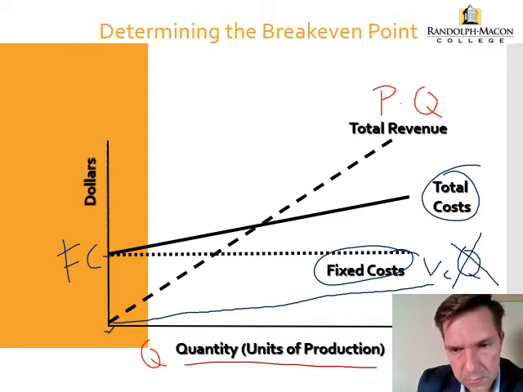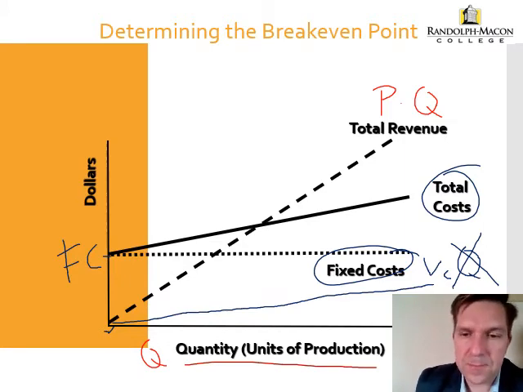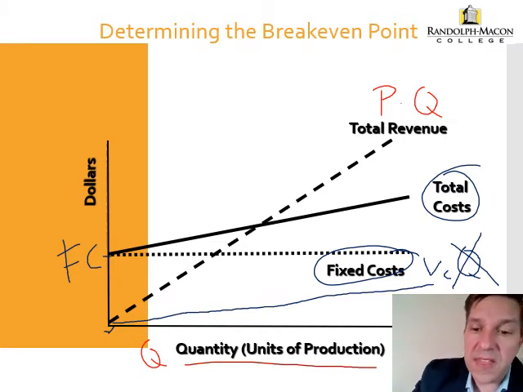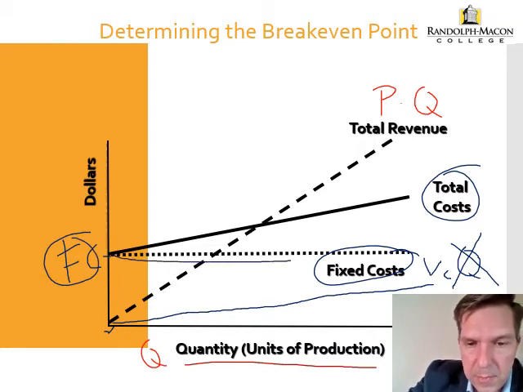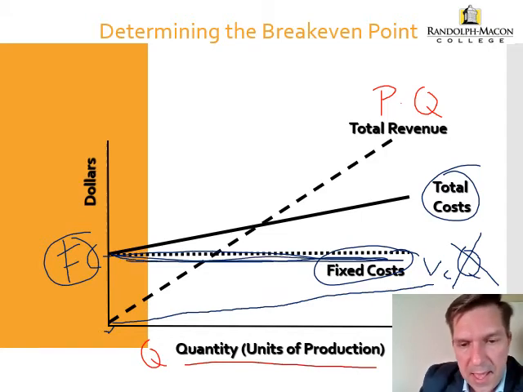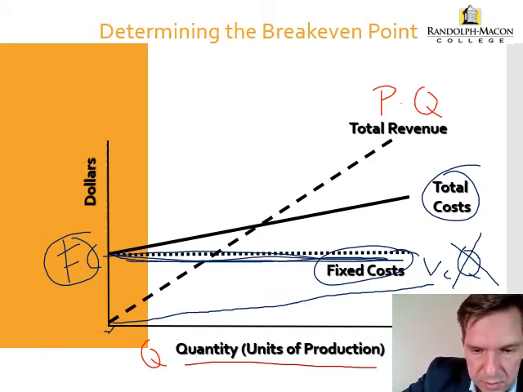Good. And then we're going to have our total cost. Our total cost is going to be the addition of two parts. It's going to be my fixed cost, which we have right here, this line in blue, plus my variable cost, which I'm not going to make purple because otherwise you're not going to know what I'm talking about.